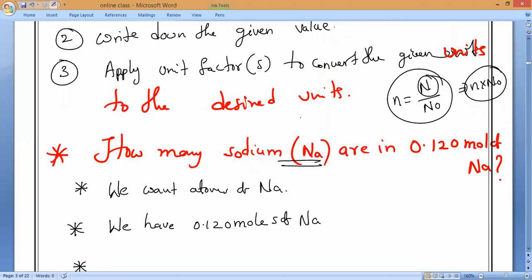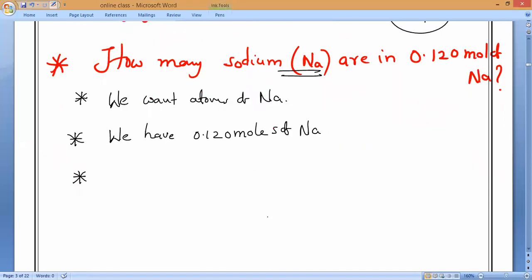Next, apply unit factors to convert the given units to the desired unit. What is the unit factor? Anybody can tell? They have given moles and they are asking particles.